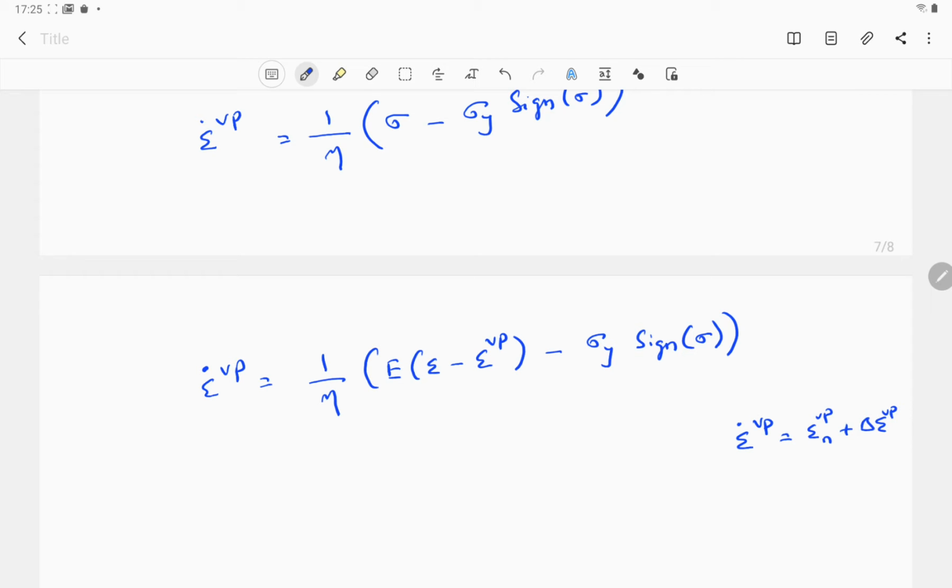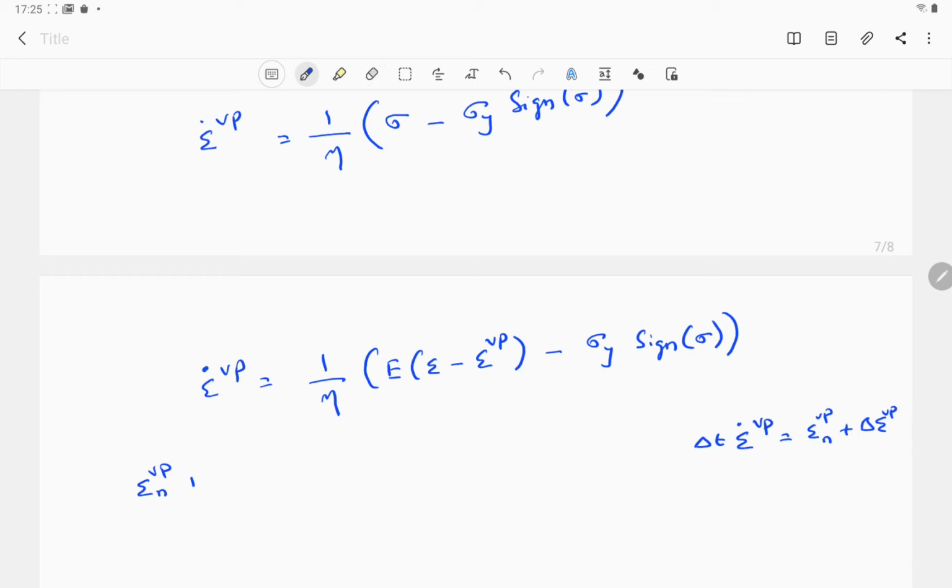Okay, if I write it like that, then divided by delta t is equal to this. So in that case, what I can do is epsilon Vp in the nth plus, sorry, am I right?